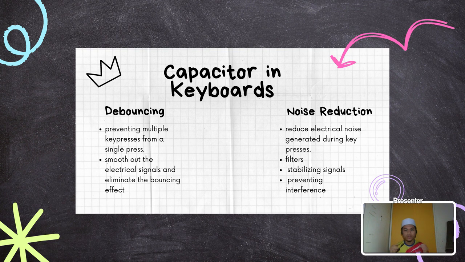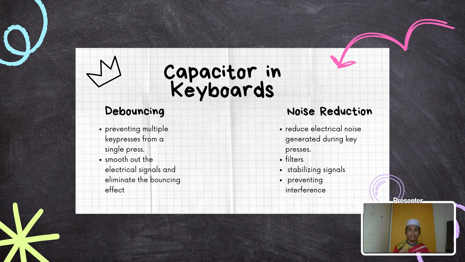This happens due to rapid electrical contacts being made and broken inside the key switch. These capacitors act as low-pass filters. They help smooth out the electrical signals generated when you press or release a key. By doing so, they eliminate the bouncing effect, ensuring that only a stable debounced signal is recognized.